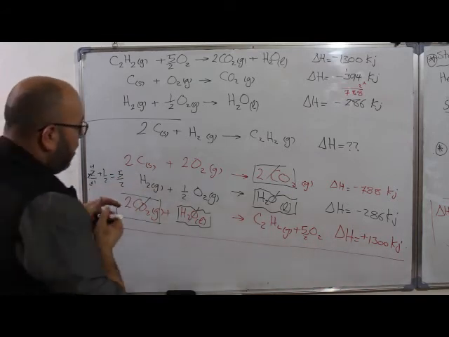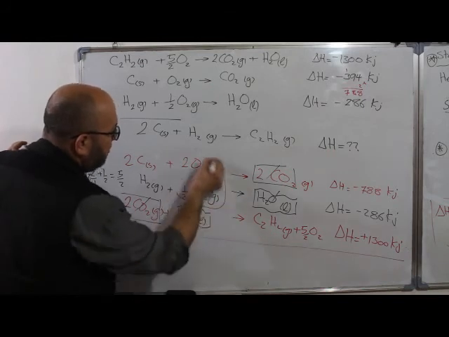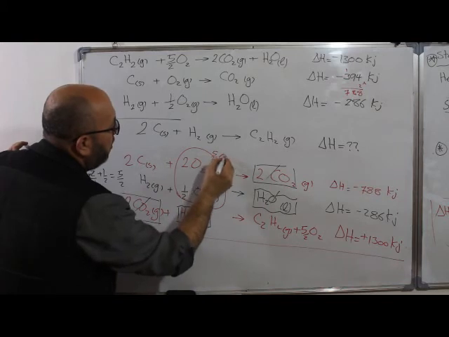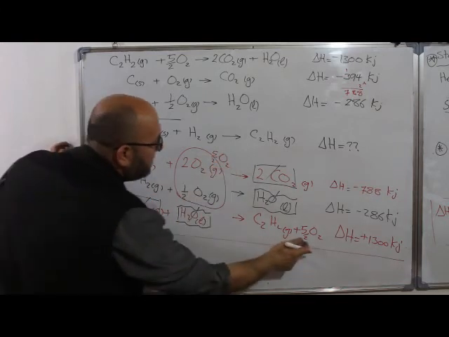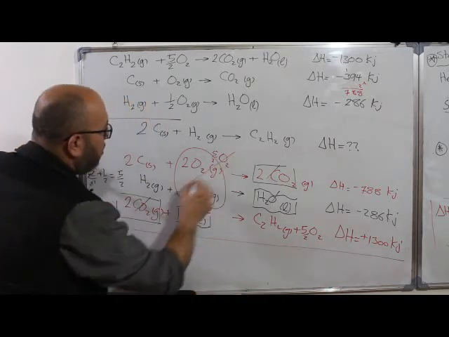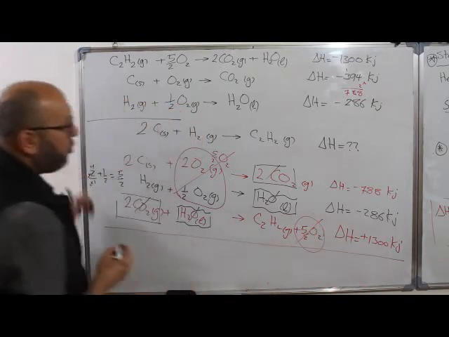So when those are combined to each other, they turn to 5/2 O2. And here is 5/2 O2, so those with this oxygen are going to be cancelled.